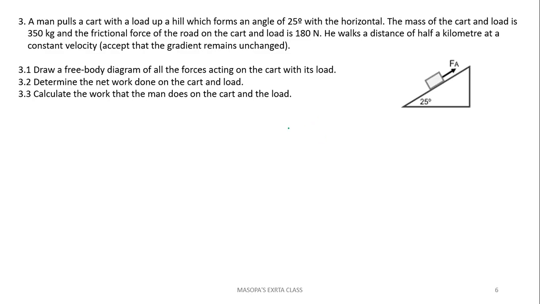Remember, in a straight line, if we have an object on a flat surface, remember that I said the forces that act perpendicular to your surface make an angle of 90 and will produce 0 work, which are the normal force and the gravitational force.